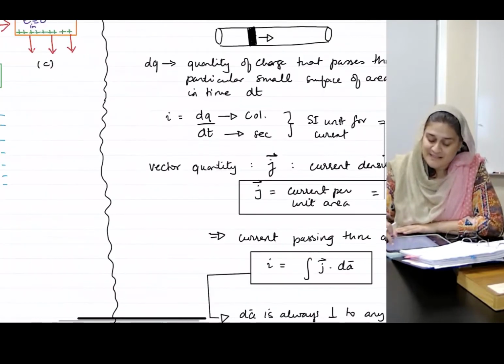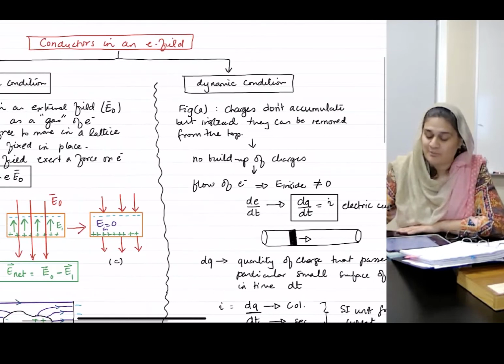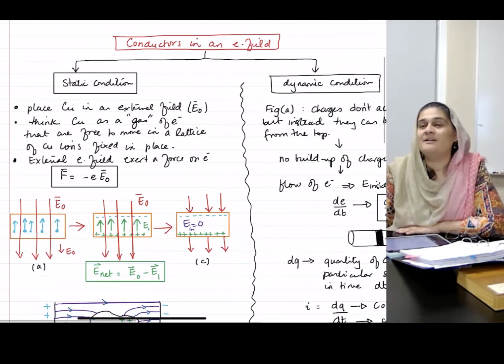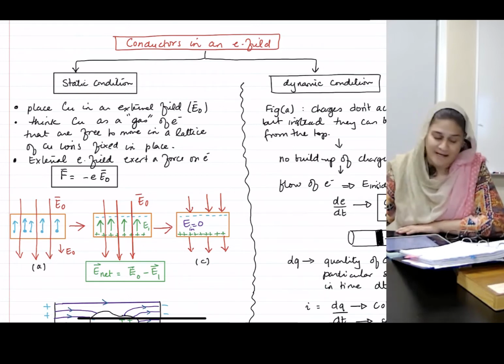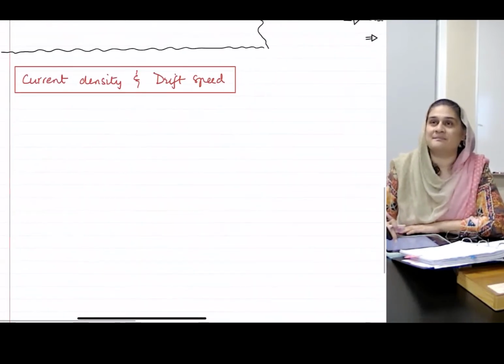So remember when I said here that when charges don't accumulate, instead they are removed from the top? The next question should be, well, how fast does that happen? Or how does that happen? And in order to explain that, I have to explain to you what drift speed is.